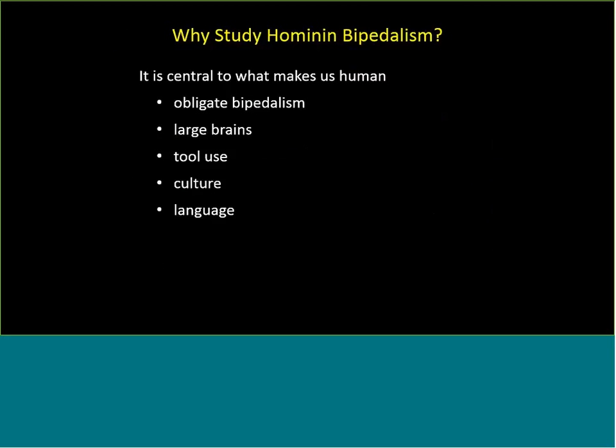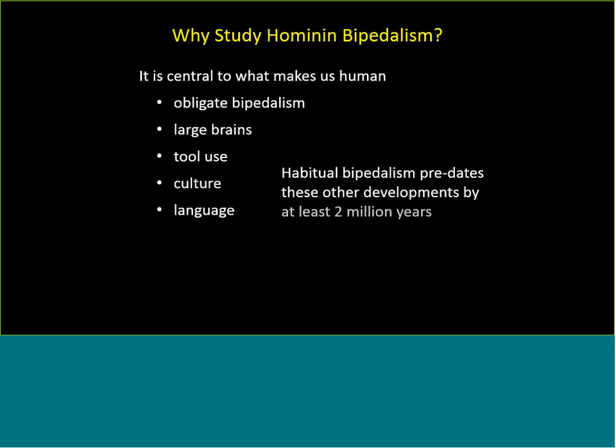So if you're interested in human evolution, why study bipedalism? Well, if we consider the characteristics that supposedly separate us from the rest of the primates, things like our large brains or sophisticated culture, what we find is that habitual bipedalism actually predates any of these other developments by at least 2 million years.